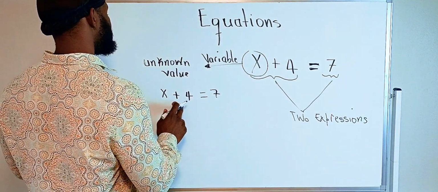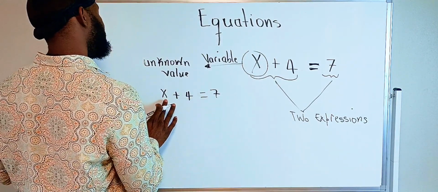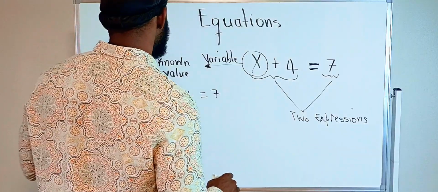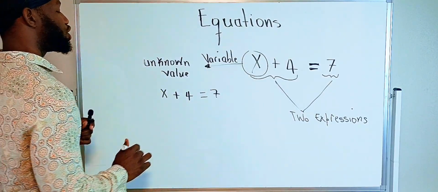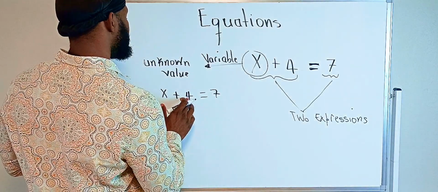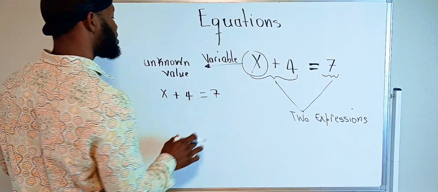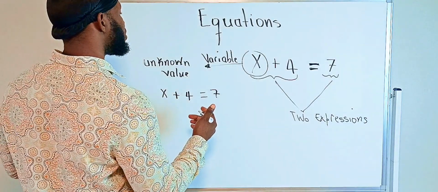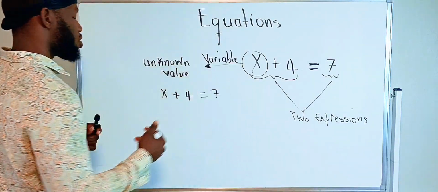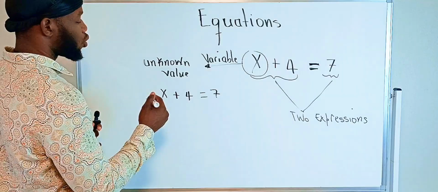In order to have only x on this side, I should subtract 4 from both sides. Let's say it like that.